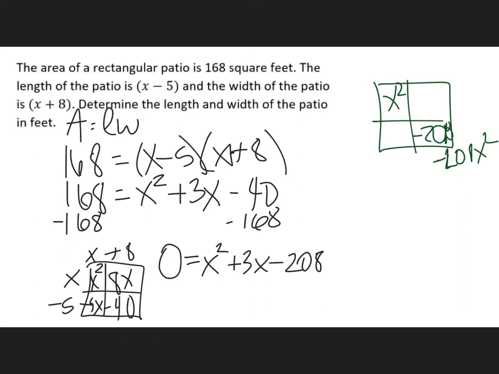So you could try 1 and 208, 2 and 104. This isn't divisible by 3. It could be 4 and 52. There's a lot of different options here, but I know it's going to be negative 13x and positive 16x.